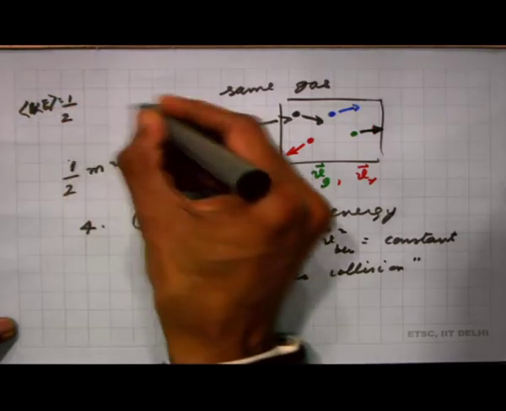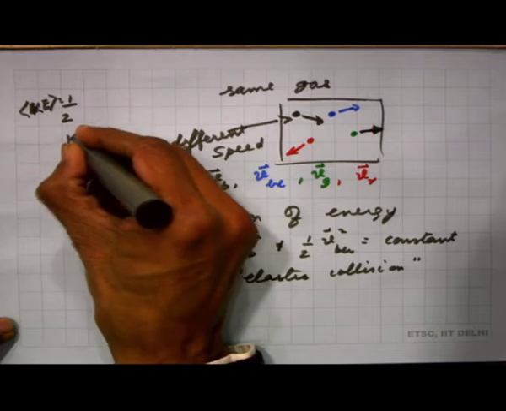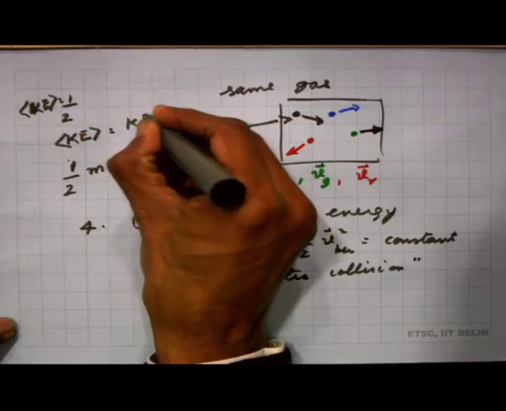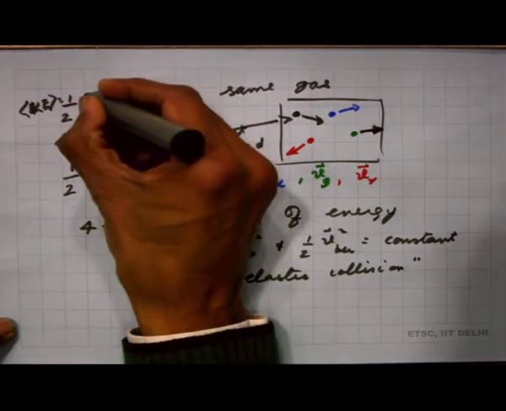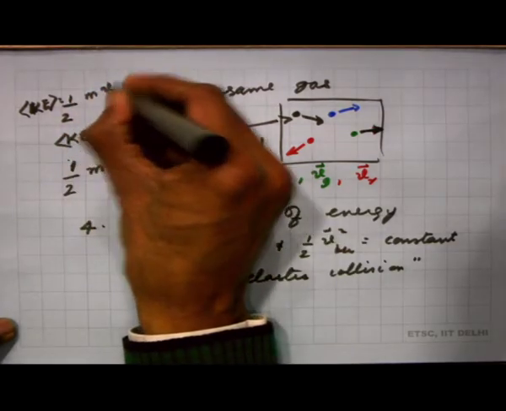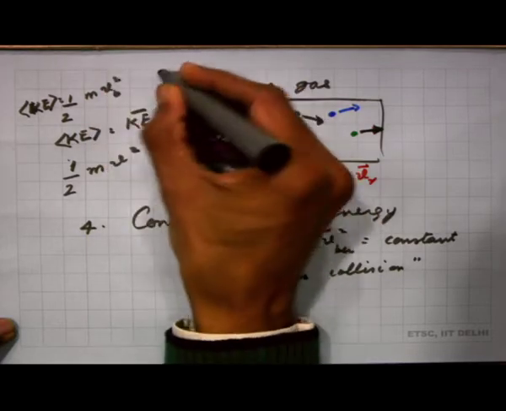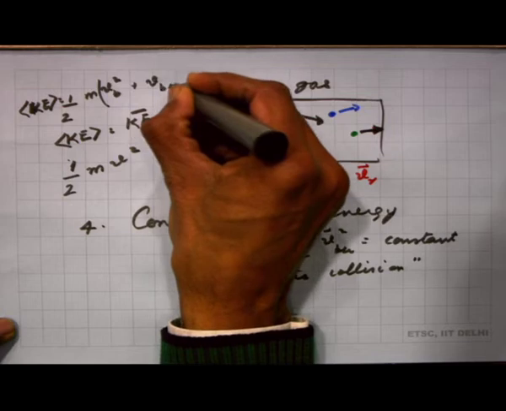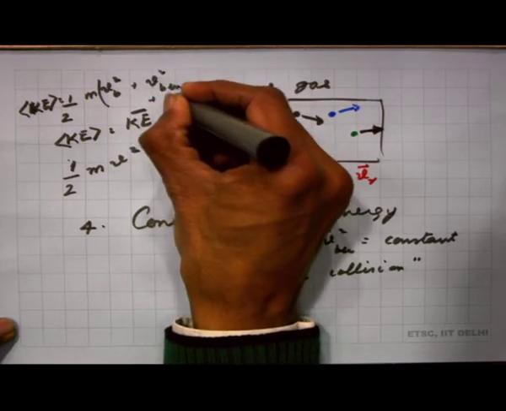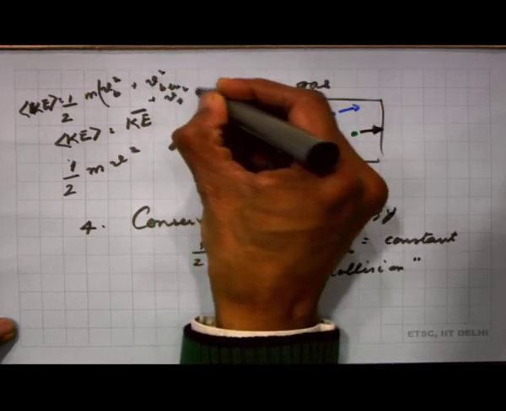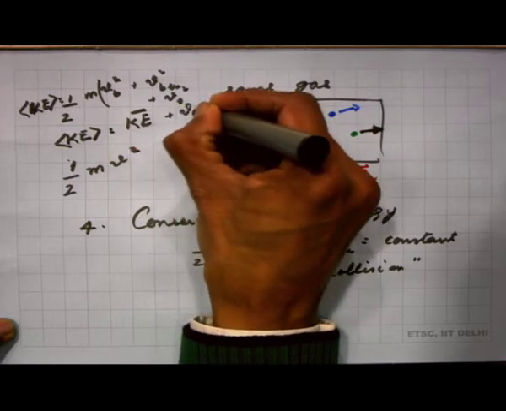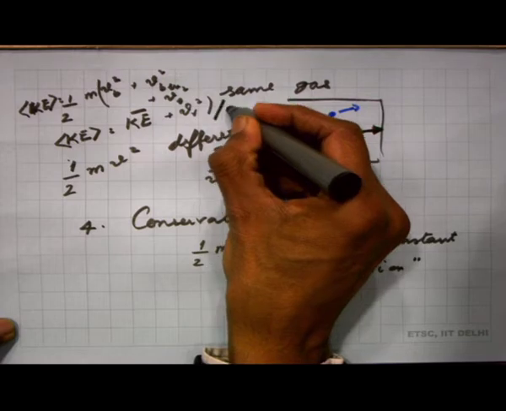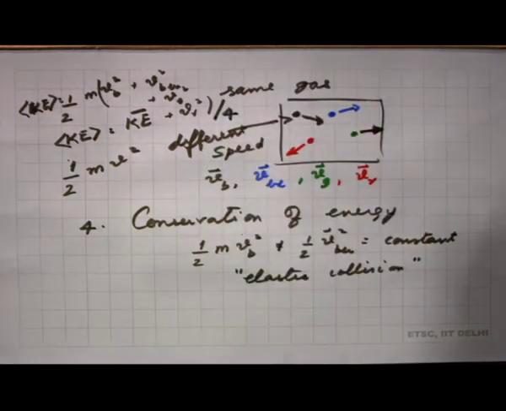So, this is average kinetic energy. So, I would write it either like this, or KE bar is half m times V black square plus V blue square plus V green square plus V red square, divided by 4, because I have 4 molecules.